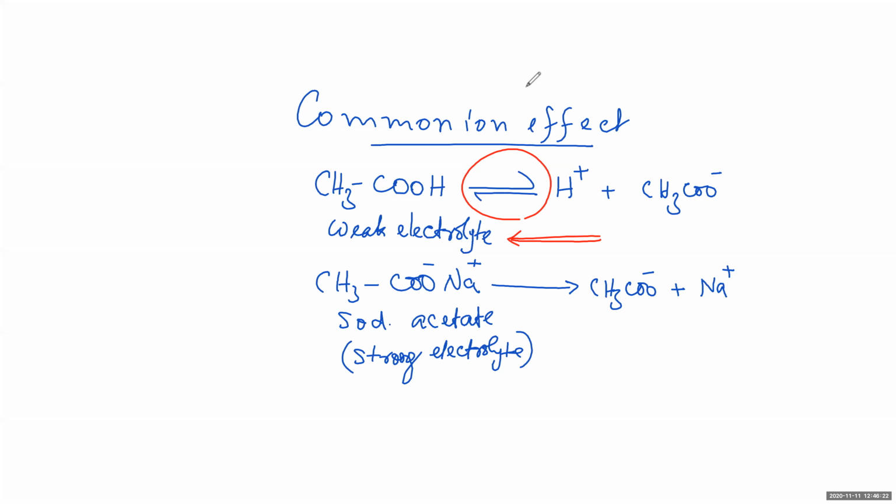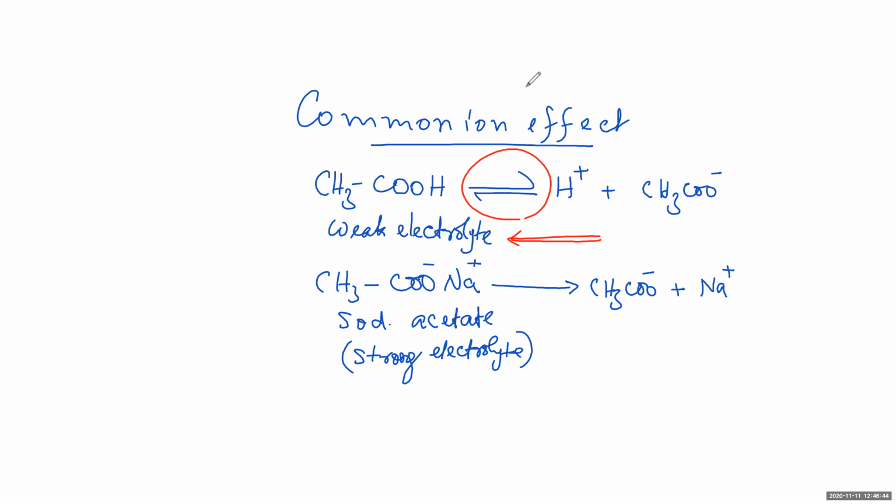Ionization is suppressed means the formation of ions is decreased. That means the forward reaction is decreased, and the backward reaction, the reverse reaction, is increased.